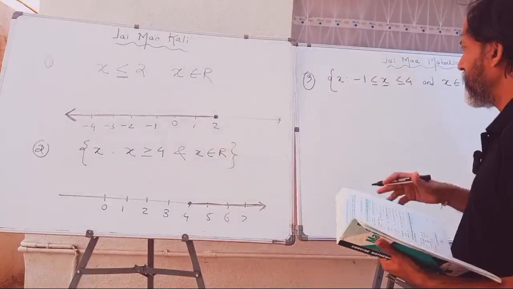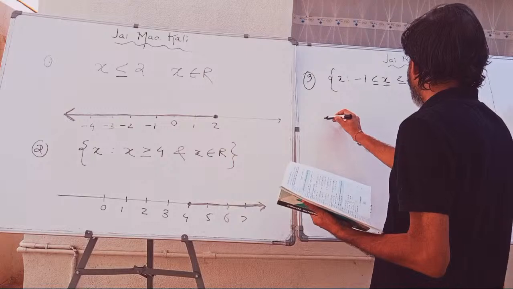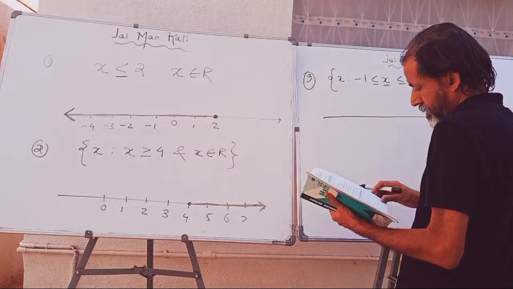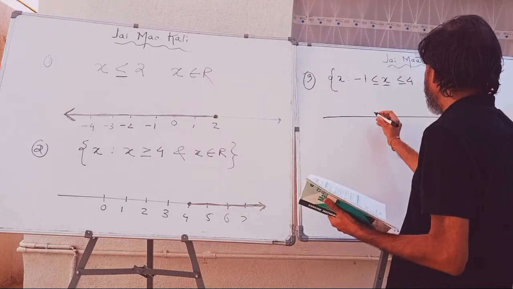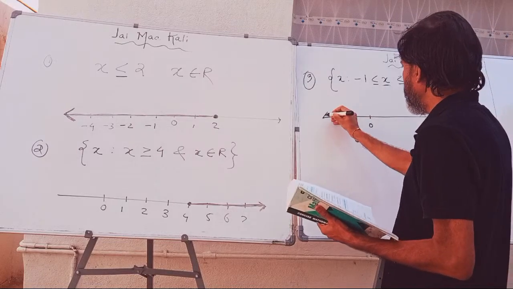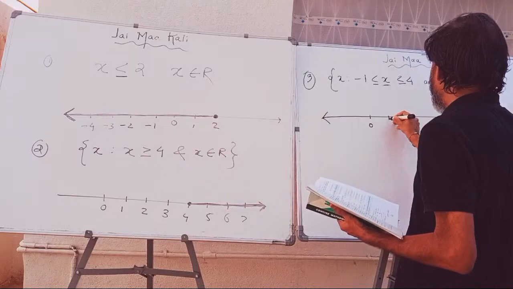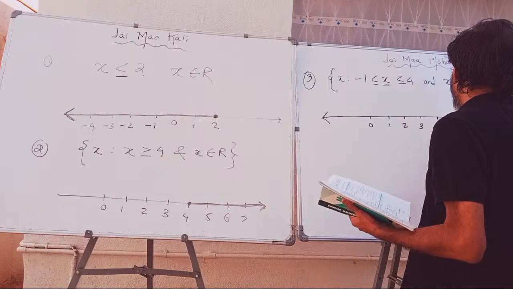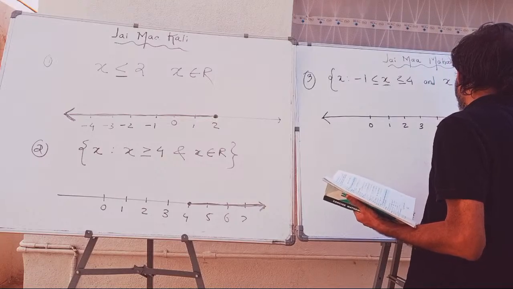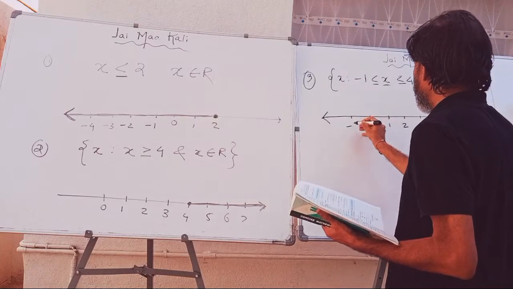Let's draw a number line. Let this be 0, and then 1, 2, 3, 4, 5. Let's close it, and this is -1.